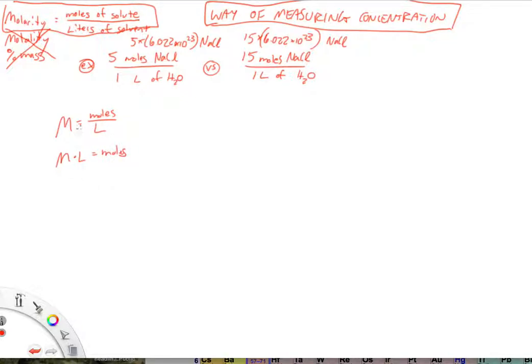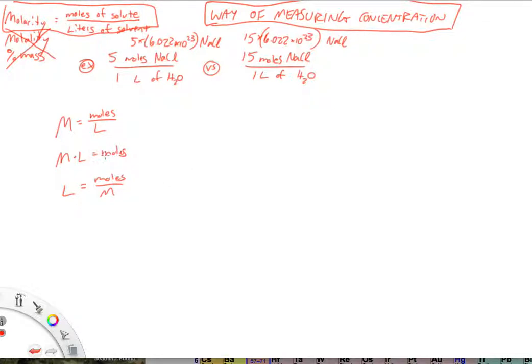We multiply both sides by L and then divide by M. So if you want to find liters, it's going to be moles divided by big M. Convince yourself of that. If you want to find molarity, it's just moles divided by liters. It's already given to you. So those are the three ways this equation can be written. Okay, big deal.